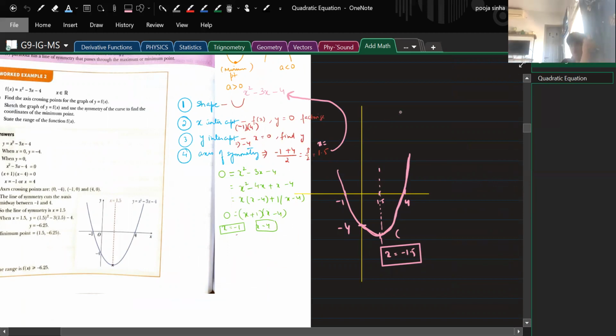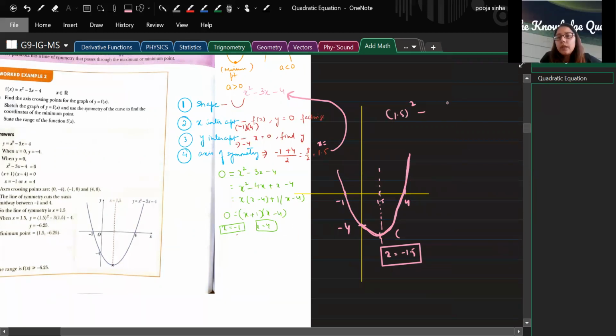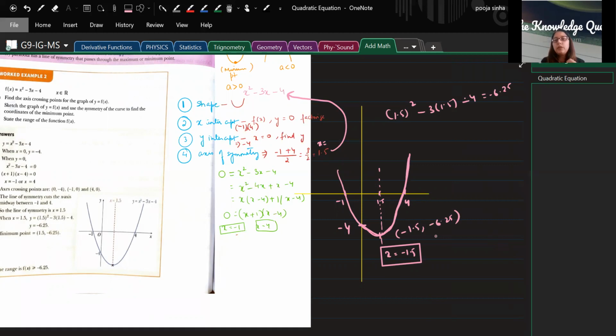So what do you get? 1.5 का square - 3 into 1.5 - 4. Answer would be -6.25. So you will write 1.5, -6.25. Understood? कैसे करना है? So this will give you the coordinates of the minimum point.